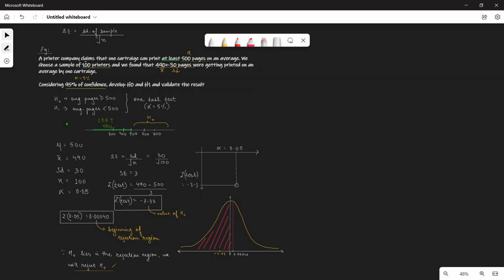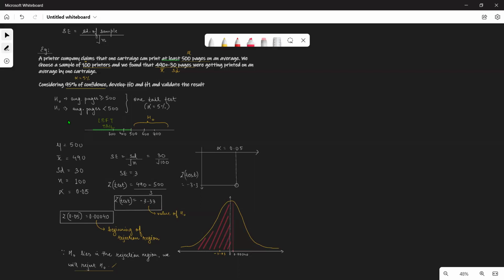Then depending upon that, we understood whether alpha is to be considered as alpha itself or whether we need to change that value, whether we have to divide it. Then, because it is a one-tailed test, we identified whether it is a left tail or right tail. And then we calculated the Z test value, then the Z values from the table. Then we made a comparison and the job is done.